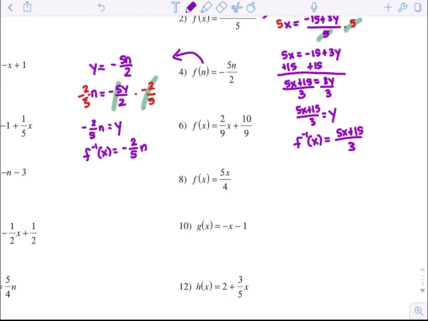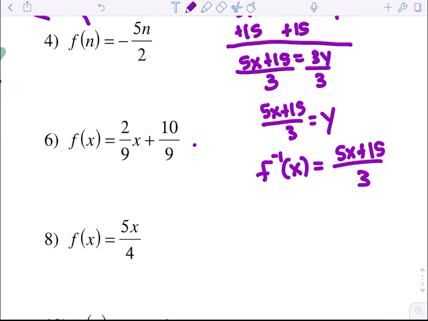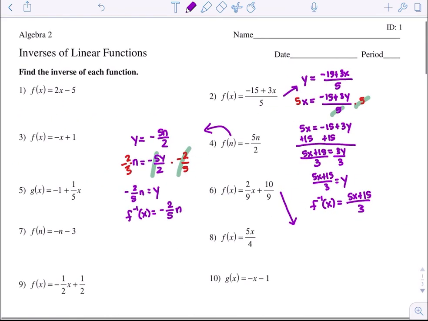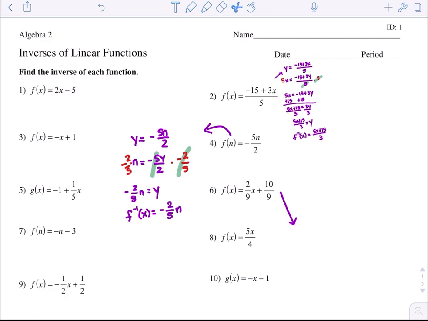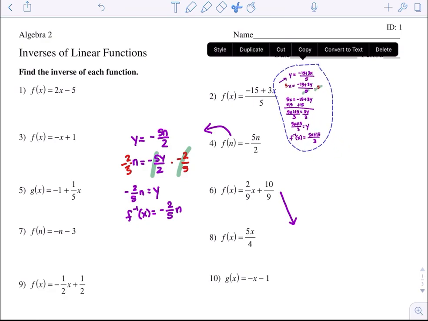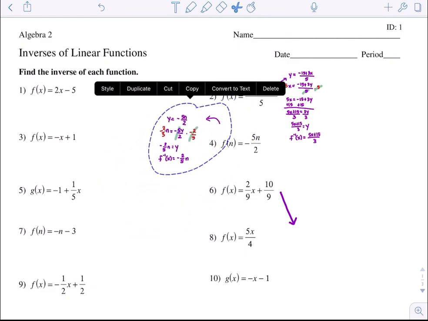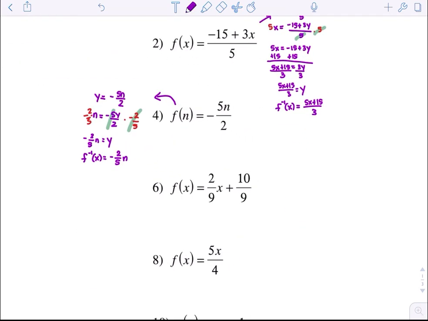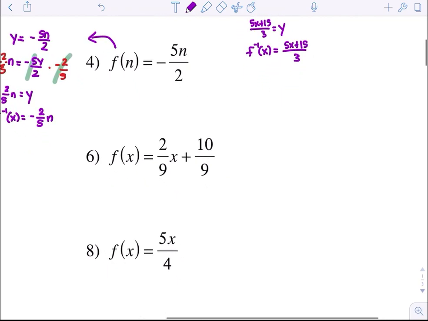Okay, number 6. Number 6, we got, I'm going to make these smaller so that I can actually keep this work and I don't have to keep on rotating it. Alright, so here's number 6. First step is to change this to be a y, so y is equal to that stuff.